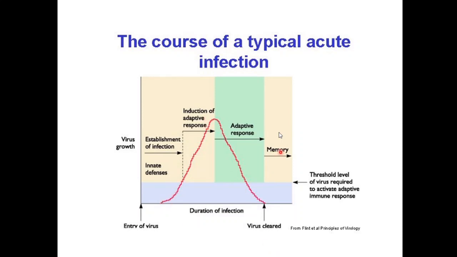Specifically, some memory cross-reacts with a wide range of variants. Some other memory just cross-reacts with the variant that induced it.